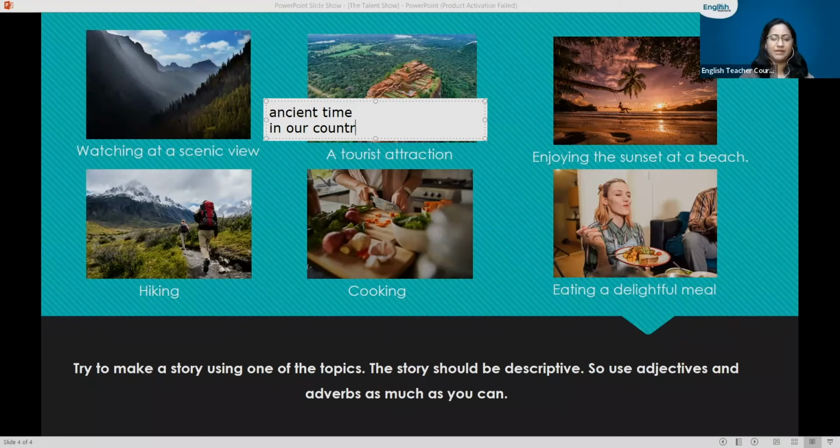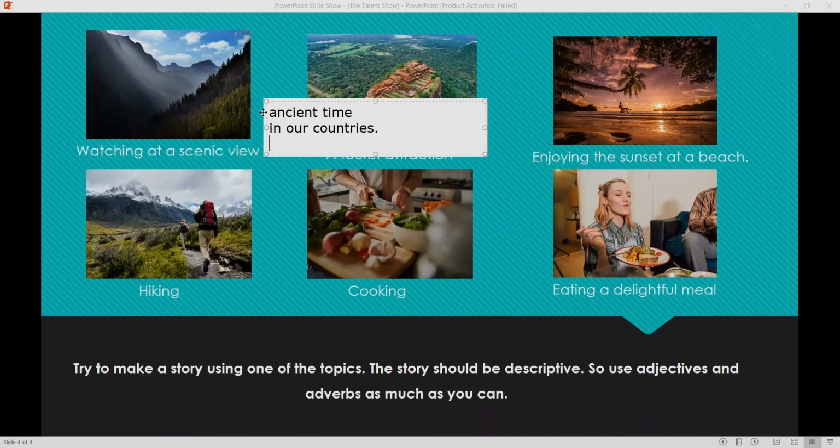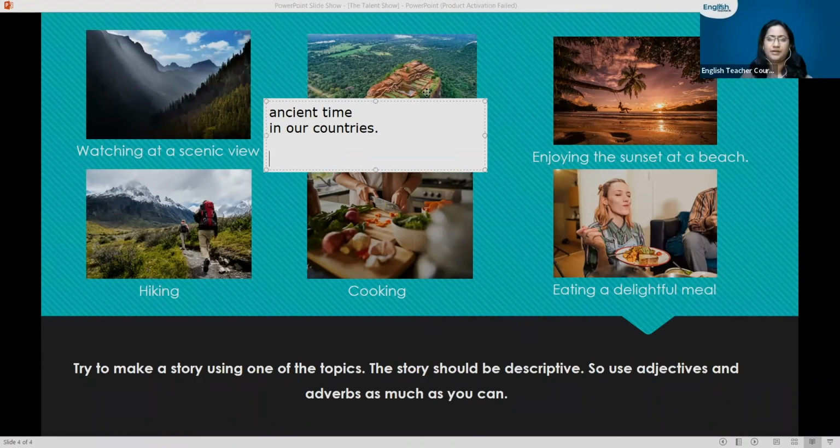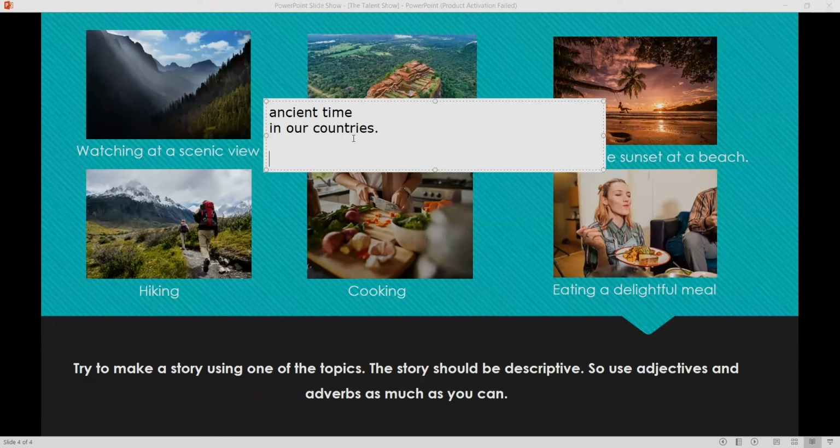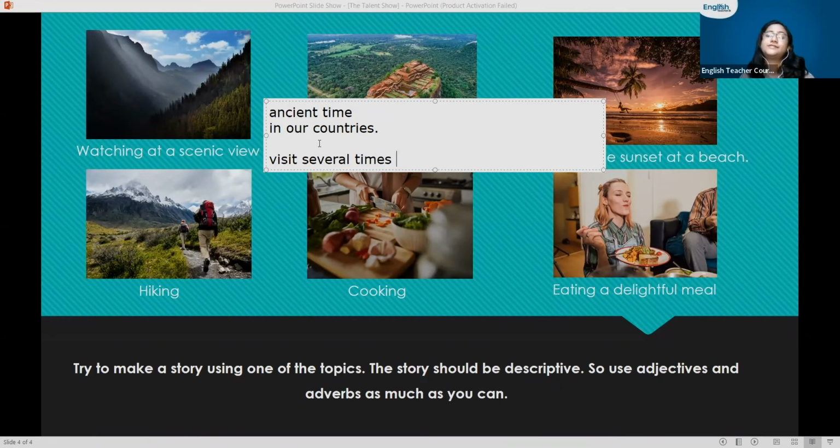Can you repeat that last sentence, please? Thousands of tourists visit several time looking these stunning places. Okay. Can we take it little by little? Thousands of tourists visit several times. After visit, you need to tell what they visit.